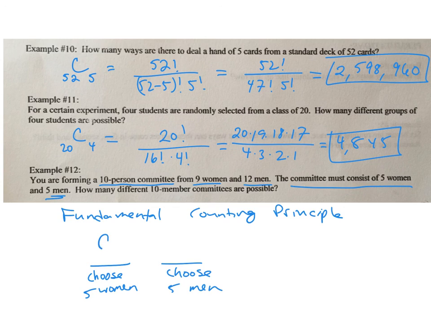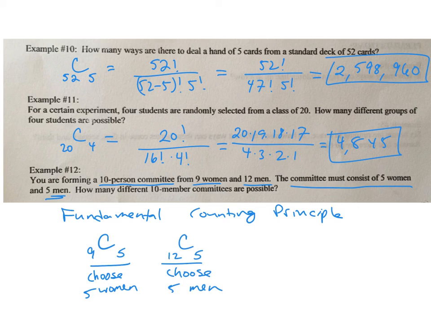We can choose some combination out of the 9 total women, choose 5 of them. In how many ways can we choose 5 men? Again, this is some combination of the 12 possible men to choose from. We're going to choose 5 of them. It's important to note that we're not using permutations here because the order is not important. It doesn't matter in what order those men or women are chosen.